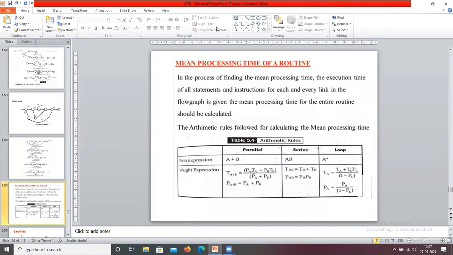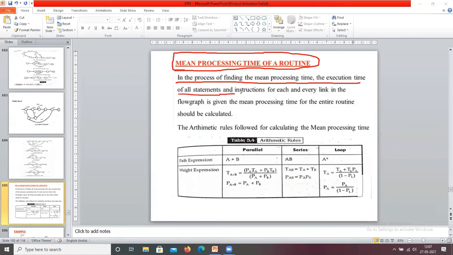So next one, it's the mean processing time of a routine. That means here you are going to find what is the processing time of that function or program. So mean processing time of a routine. Okay, in the process of finding the mean processing time, the execution time of all statements and instructions for each and every link in the flow graph is given.